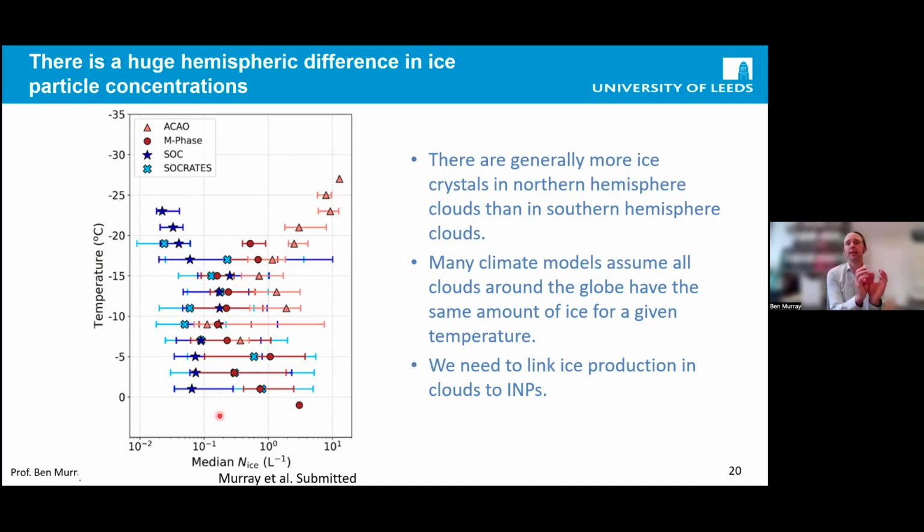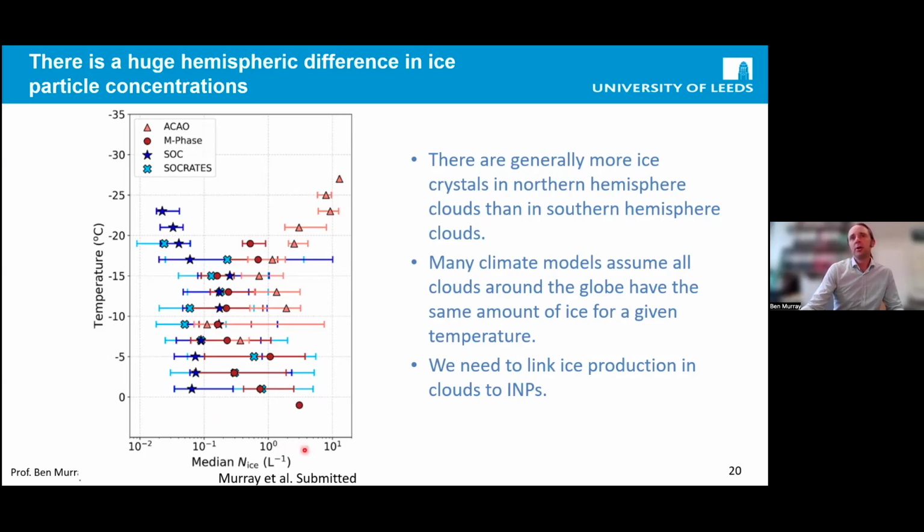And there really is this difference between the two hemispheres. In the Northern Hemisphere, there are just more ice crystals, even though you're in a similar temperature range, and in very many cases really quite similar cloud droplet number concentrations. So there's this hemispheric difference in the ice concentration, which we think has been driven by the hemispheric differences in the INP concentration.